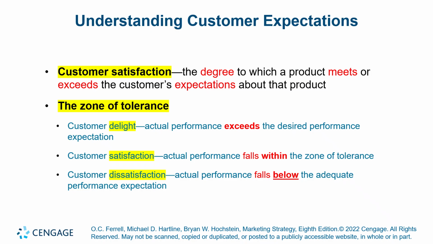Customers are satisfied if the actual performance falls within the zone of tolerance. That's customer satisfaction. But if the actual performance falls below the adequate performance expectation, customers are not satisfied. That's customer dissatisfaction.